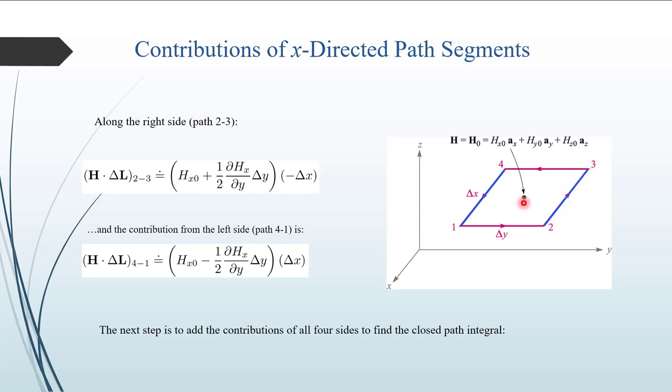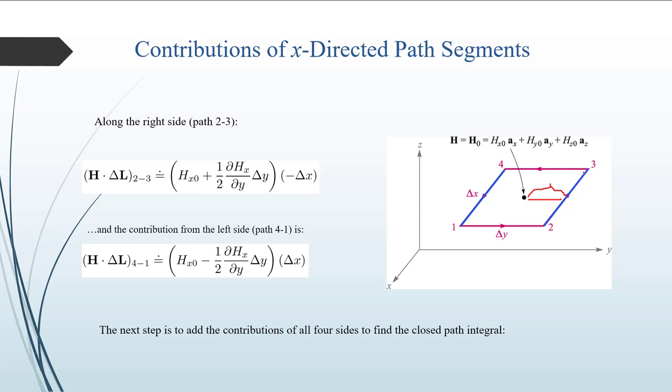Hx naught plus partial derivative of hx with respect to y, because this conductor has been displaced through a length which is equal to delta y divided by 2.